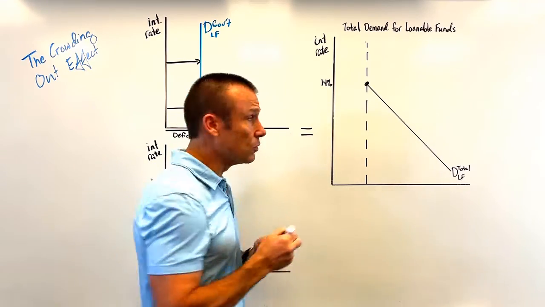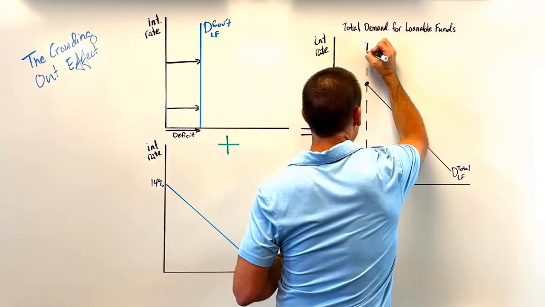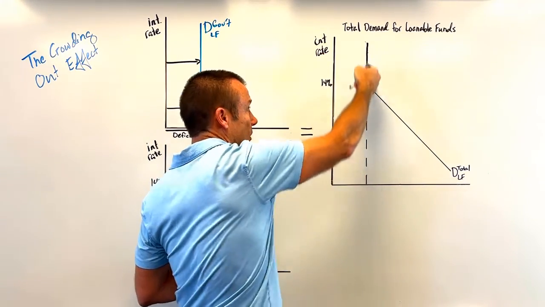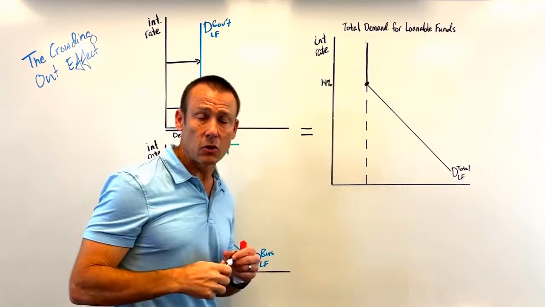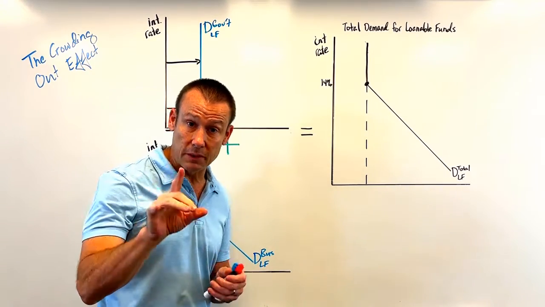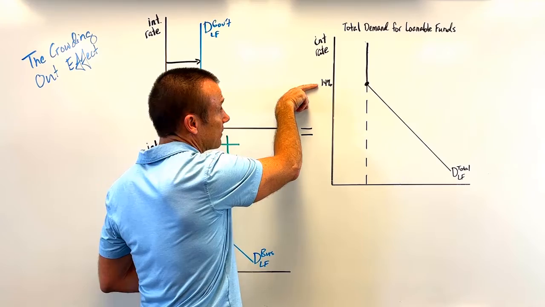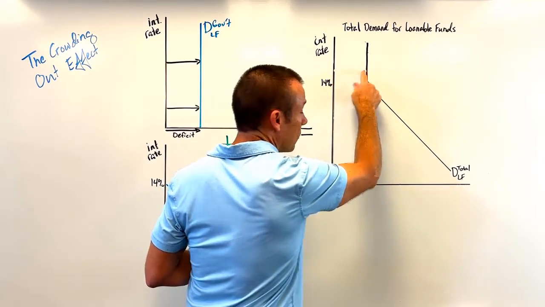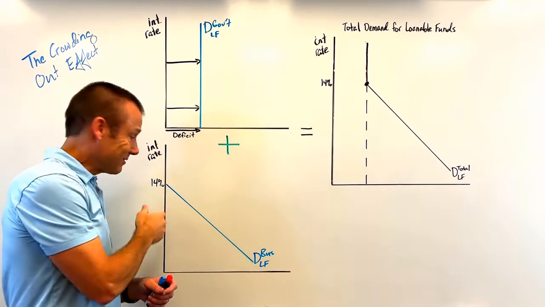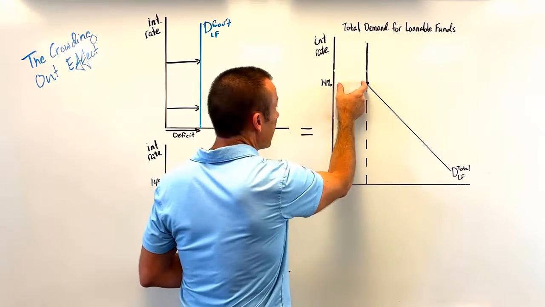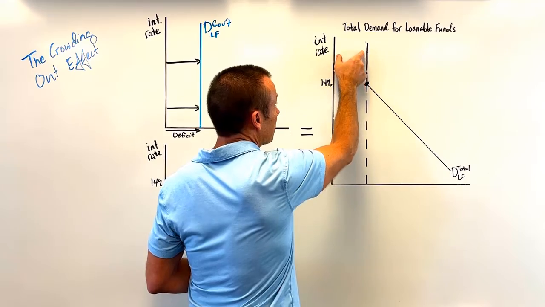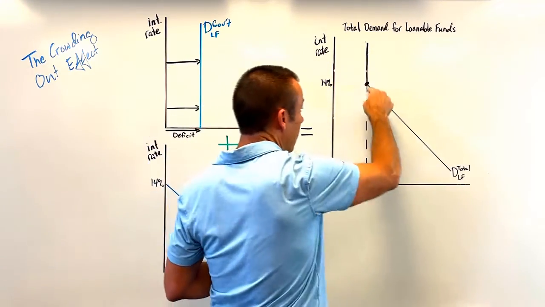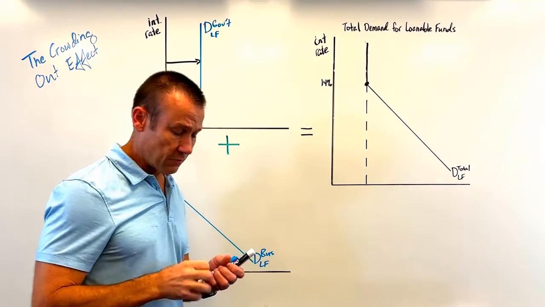The only thing I'm going to do is also say this part of that deficit right there that I marked off with that dashed line is also part of the total demand for loanable funds. Because if that interest rate gets above 14%, government's still going to borrow, but as we said before, businesses aren't going to borrow at all, right? But above 14%, governments are going to borrow no matter what. So there it is. This is my total demand for loanable funds.